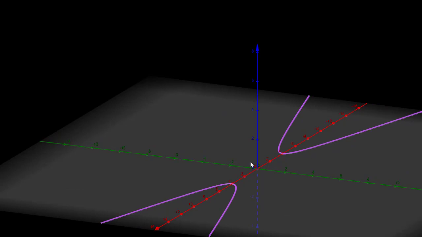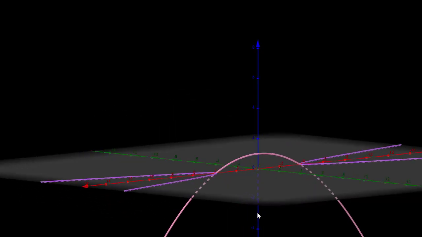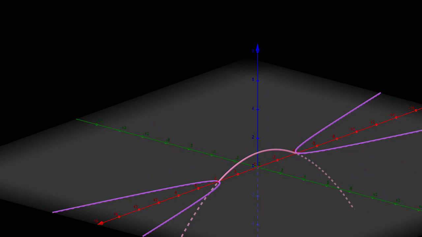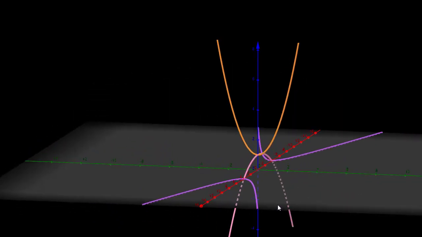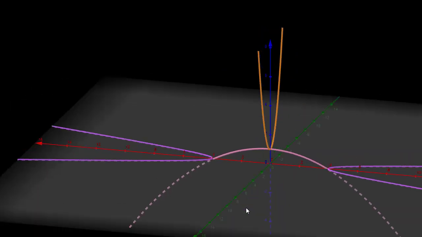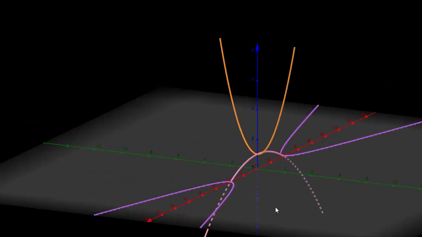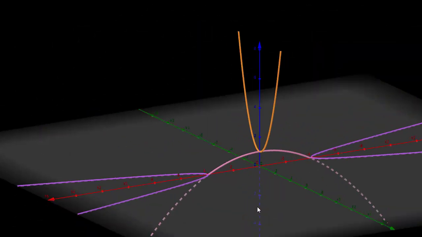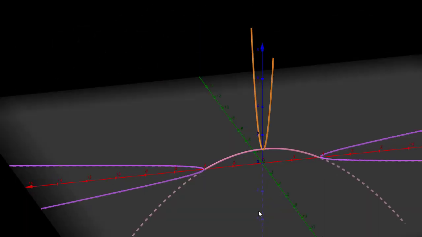Here is, so that's the XY trace. Here's the XZ trace, which is that downward facing parabola. And then here is the YZ trace. Now, just based on these traces, it's actually kind of difficult to tell what in the world this thing looks like.